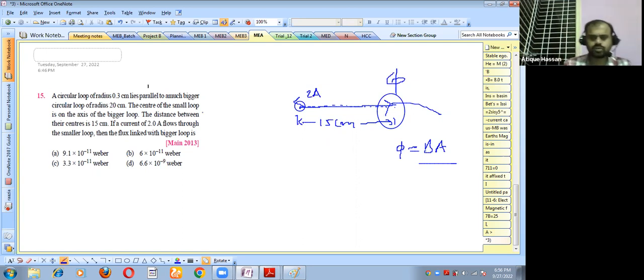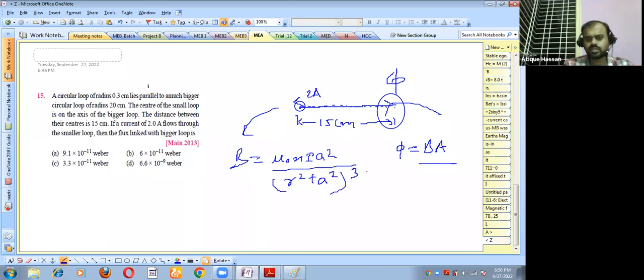So how can we find the magnetic field due to the smaller loop? You know that the magnetic field due to a current carrying coil is B equal to mu naught N i A square upon 2 times (R square plus A square) to the power 3 by 2, or we can say (x square plus A square) to the power 3 by 2.